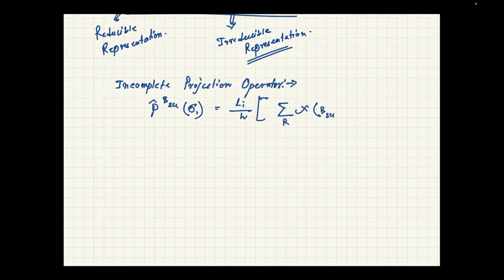Here we are using B2U, that's why I am using the B2U representation for each symmetry operation. Okay, then multiplied by what this basis function will alter to under this particular symmetry operation.